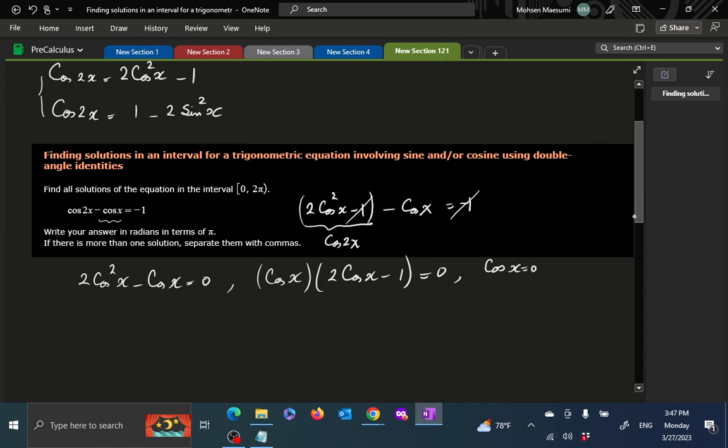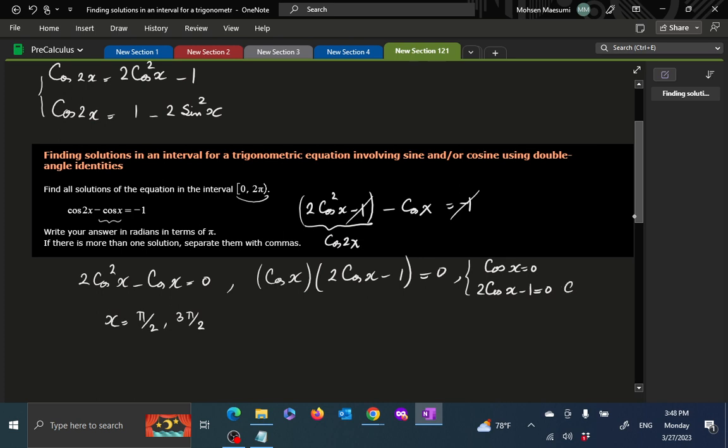So we have two factors, product is 0. Either of them could have been 0. We investigate these two possibilities. The first one tells me cosine x being 0 in interval from 0 to 2 pi. I have these two possibilities, and if I wanted to go further, I would have added 2k pi to these things.